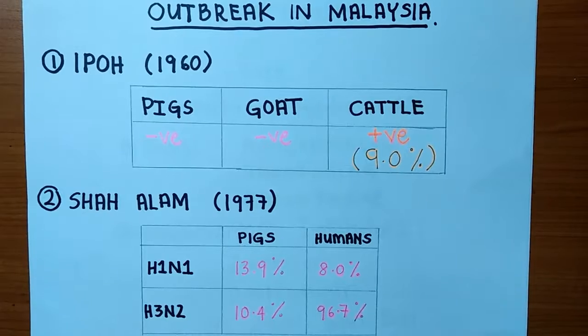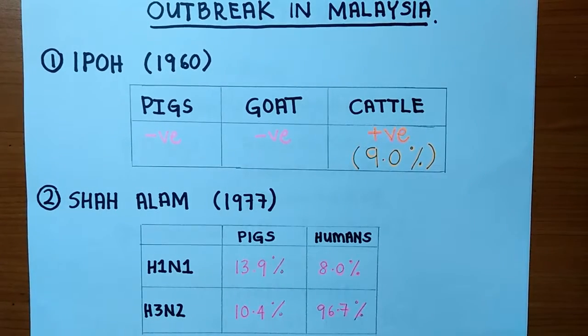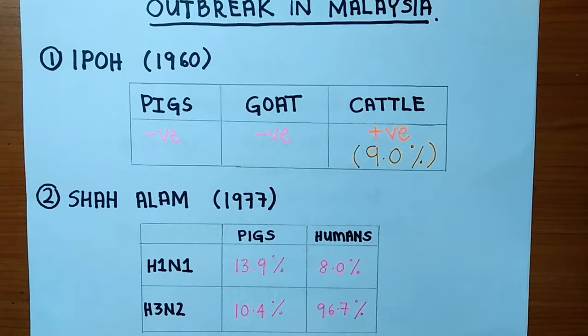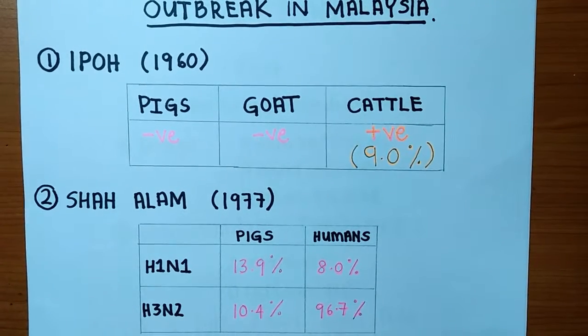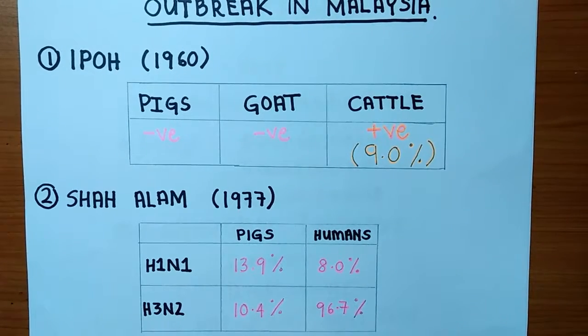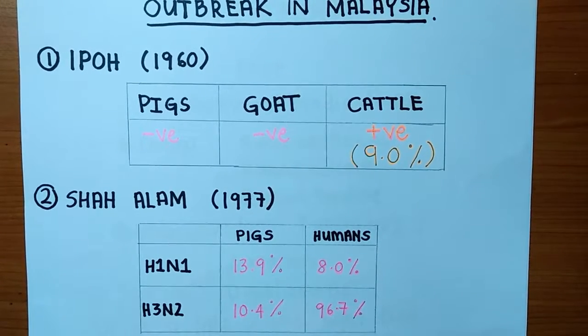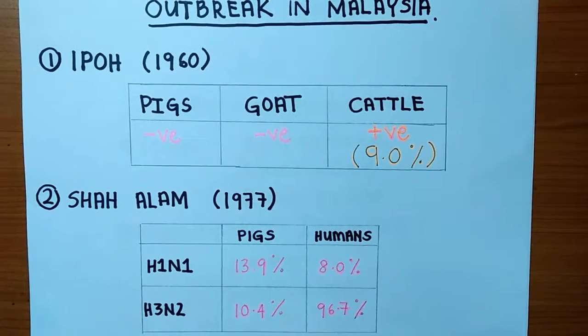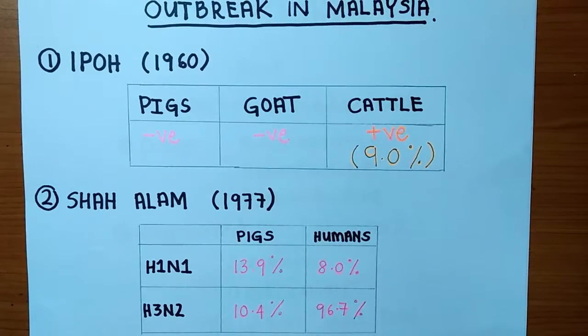It showed a positive result on both. H1N1 was positive on pigs 13.9% and humans 8.0%, while H3N2 was reported with 10.4% on pigs and 96.7% on humans.